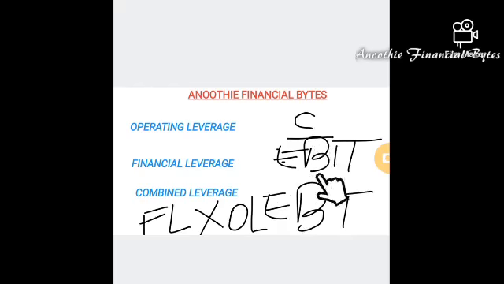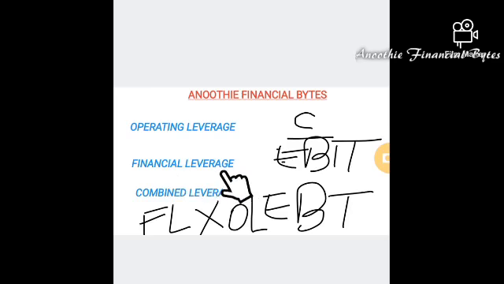So when these two ratios are multiplied with each other, EBIT gets cancelled and it comes out as contribution upon EBT, which shows that if a company has lower operating leverage and higher financial leverage, you can still prefer that company, because the lower operating leverage will give you a higher margin of safety, which will give you space to cover the financial risk of high financial leverage.